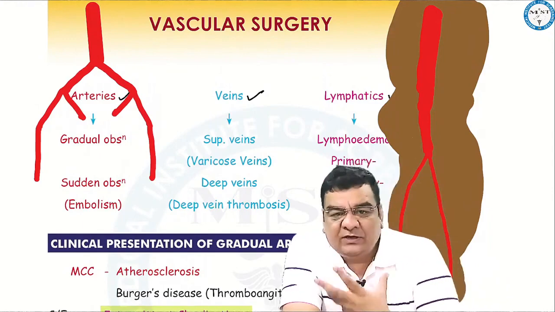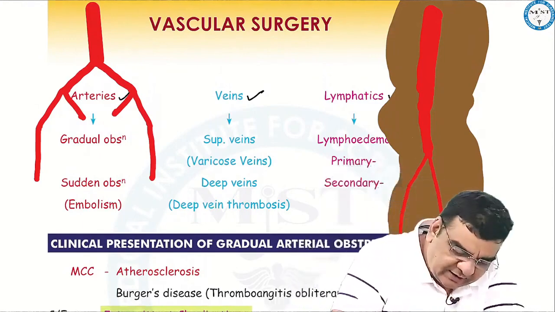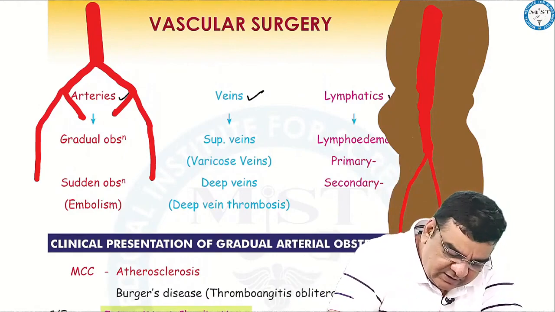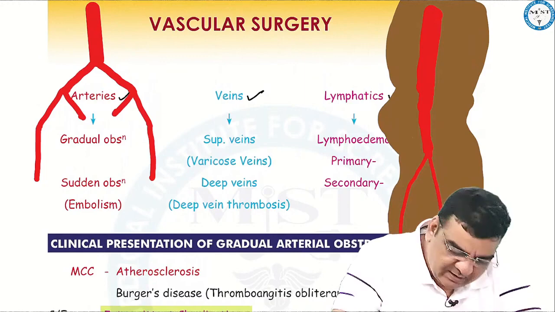Now, what is the commonest cause of this gradual arterial obstruction? It is atherosclerosis. Now, why does this atherosclerosis occur?